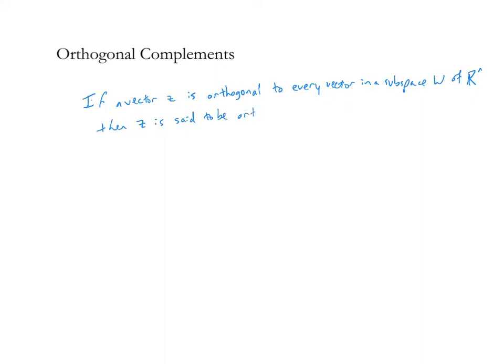Okay, so if I have a vector z, if a vector z is orthogonal to every vector in a subspace W of Rn, then z is said to be orthogonal to W. Okay, so you don't have to be orthogonal to just one vector.